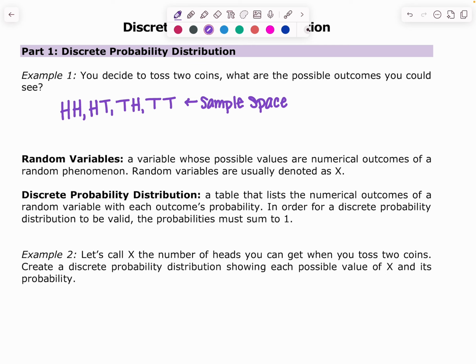So what this means is we are going to have a column with our discrete random variable and its probabilities. If we list out all of our possible outcomes and all of our probabilities, and the probabilities don't sum to 1, then whatever it is that we think we're looking at, it's not a valid probability distribution.